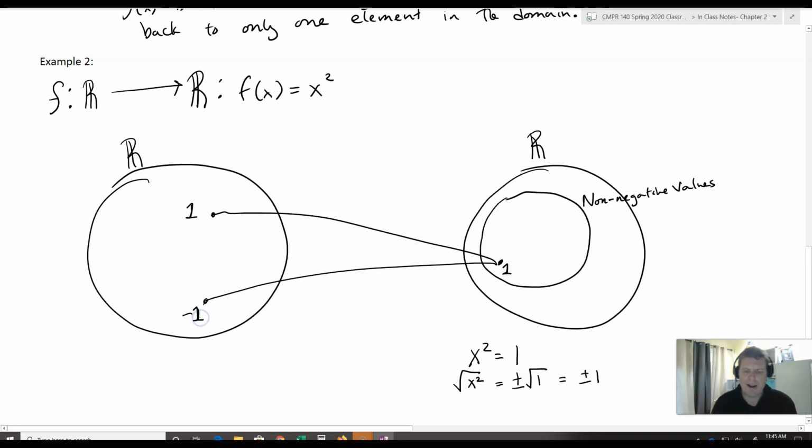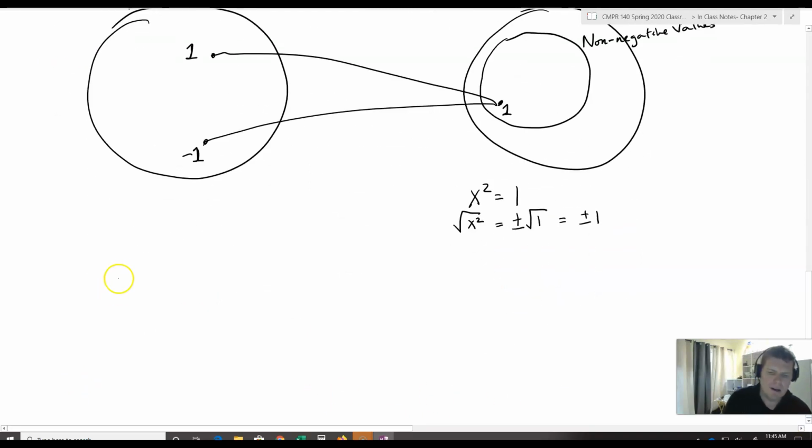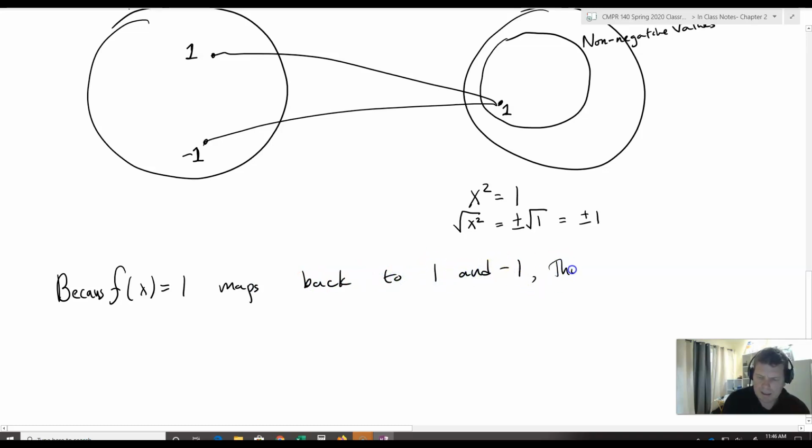Because 1 maps back to two different elements, f of x equals x squared is not one-to-one. This means f is not one-to-one.